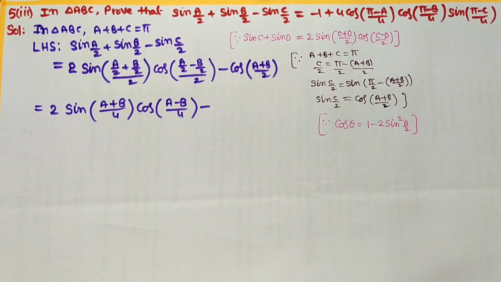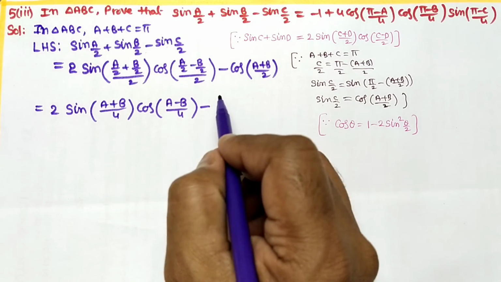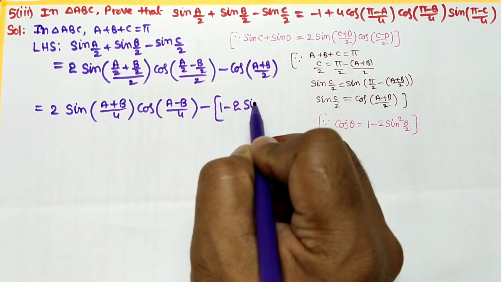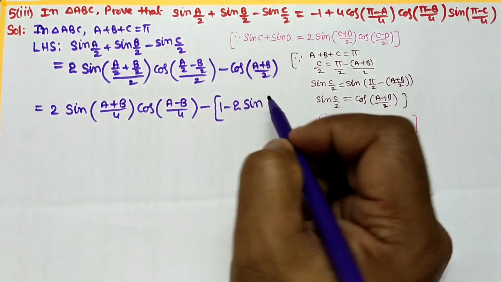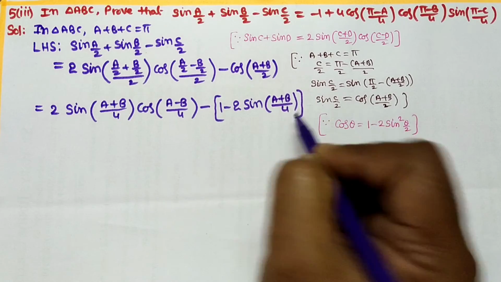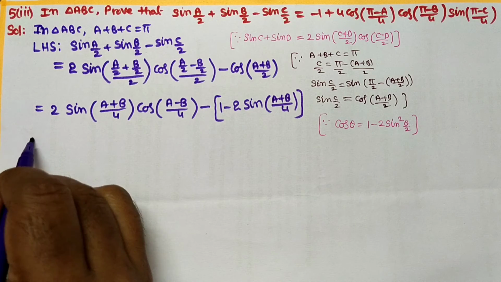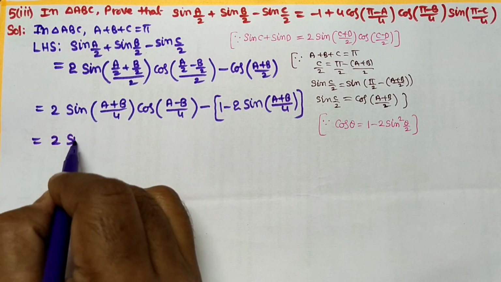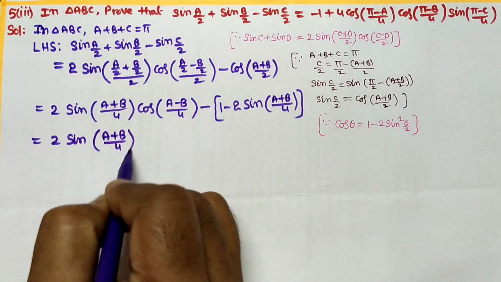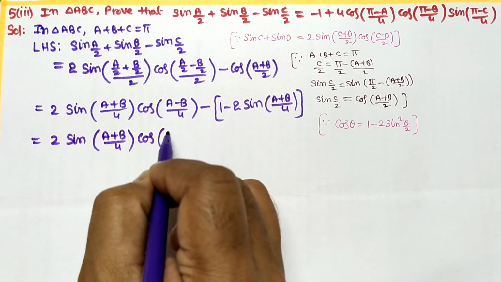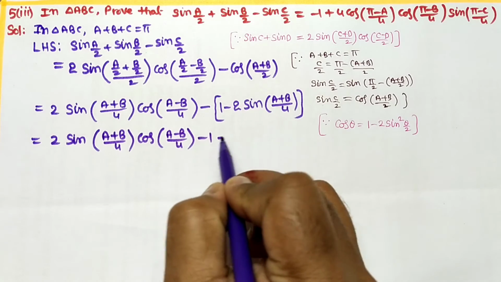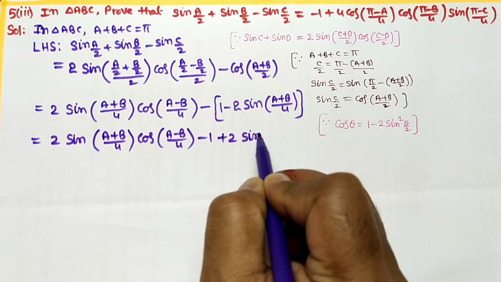So by using this formula, cos of (A plus B) by 2 can be written as, keep bracket, 1 minus 2 sin square of ((A plus B) by 2) by 2, so (A plus B) by 4, which is equal to 2 into sin of (A plus B) by 4 into cos of (A minus B) by 4 minus 1 plus 2 into sin square of (A plus B) by 4.